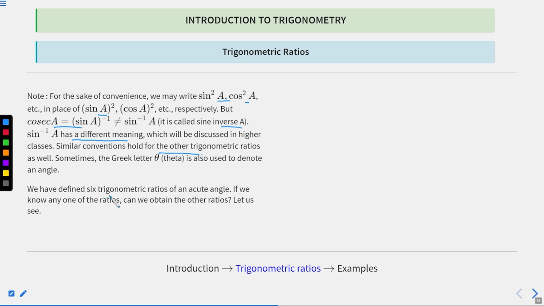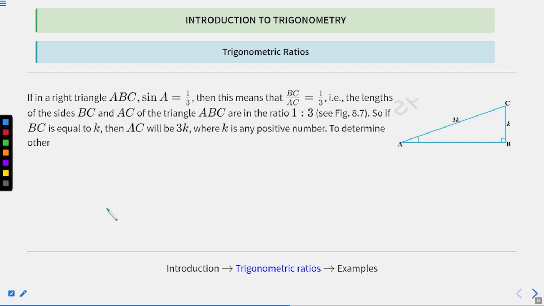So we have defined 6 trigonometric ratios of an acute angle, and if we know any one of the ratios, can we obtain the other ratios? Let us see. If in a right triangle ABC, we are given sine A equal to 1 by 3, then this means that the side opposite the angle A, that is BC, divided by hypotenuse AC, is equal to 1 by 3.